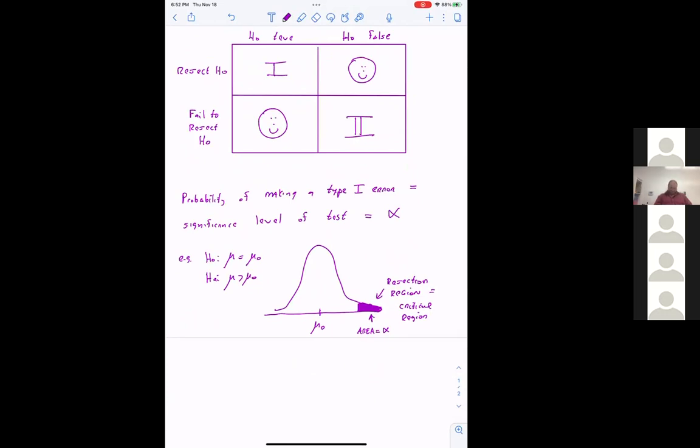Well, let's think about it. For a type 2 error to occur, the null hypothesis has to be false. So let's look at the example that I have there. I have the example that the null hypothesis, the mean is some value, and the alternative is the mean is greater than that value. Well, if the null hypothesis is false, what is mu equal to?